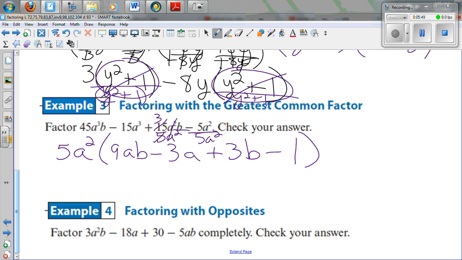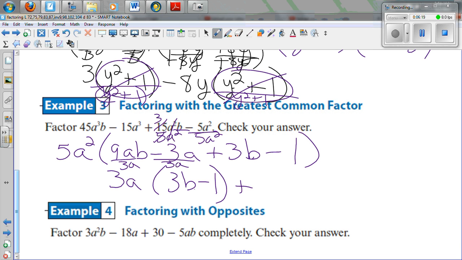So now I've taken the 5a squared out, and I look at what's left. If you look at the first term, you can factor out a 3a. So I'm going to factor out a 3a, and I'm left with 3b minus 1. I'm dividing 3a off of each of these. Plus, what can I factor out of the next one?